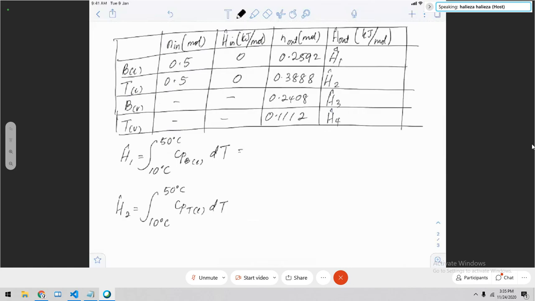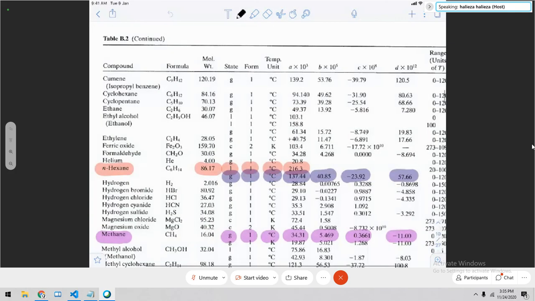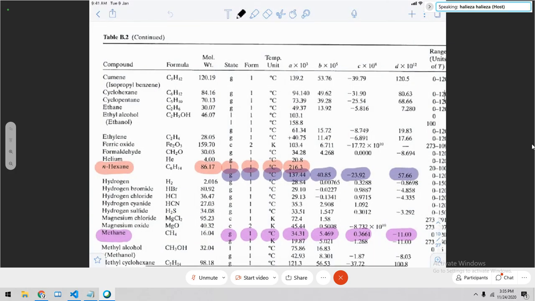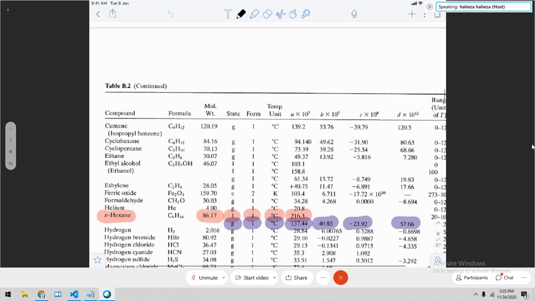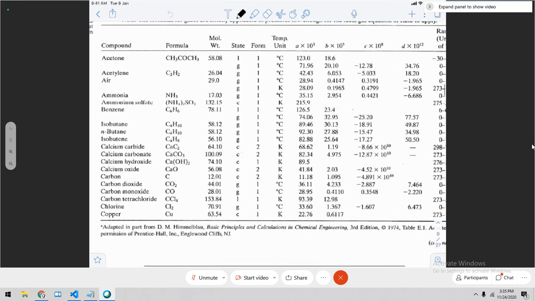So now let's look at table B2. We need the appendix table B2. So this is B2. We need toluene and benzene. Let's look at benzene first. Okay, there is benzene over here. We have liquid benzene.